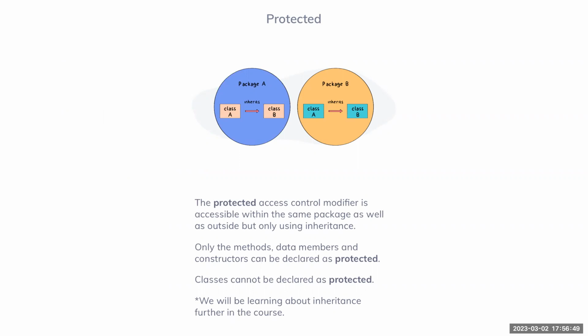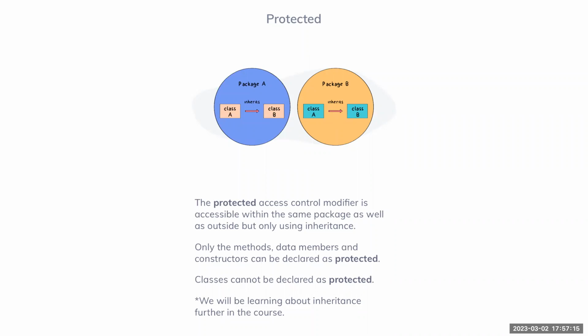Now there is another access modifier or access specifier: protected. What is protected? Protected is very simple. This is a concept that comes with inheritance, whenever you want to inherit a property from the parent to the child.